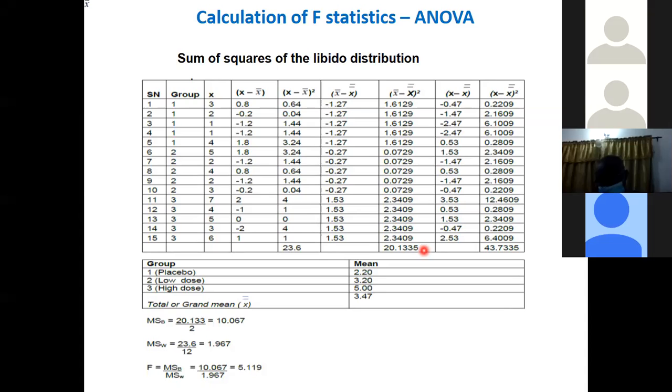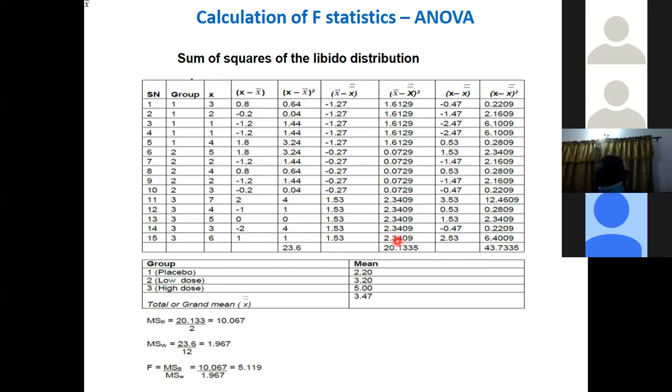Between group variance divided by within group variance. What we have calculated here is their sum of square. We have not calculated the variance.